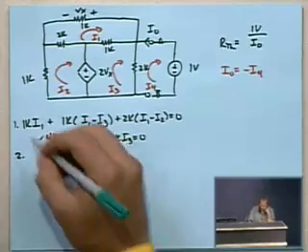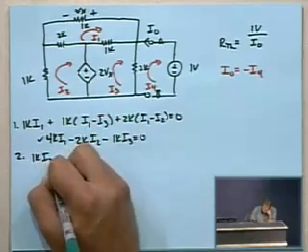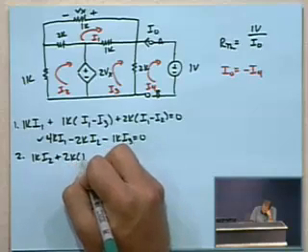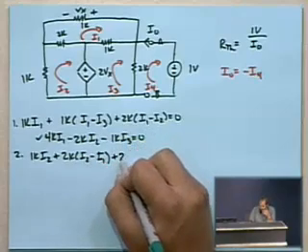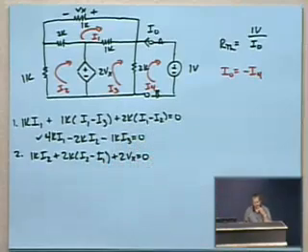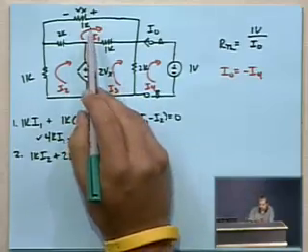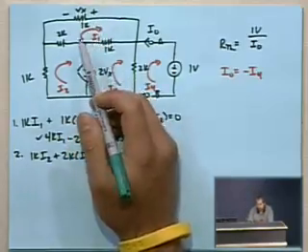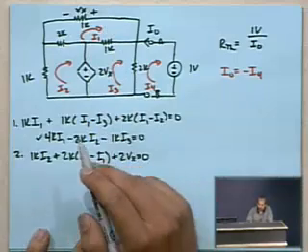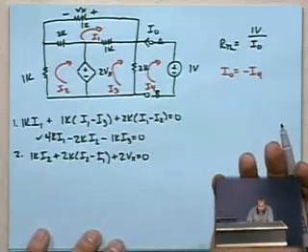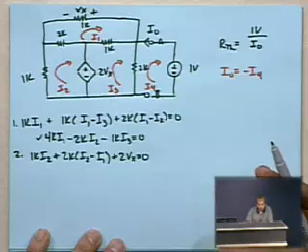On the second loop, we've got 1K times I2, we've got 2K times (I2 minus I1), and then plus 2Vx equals 0. Now is as good a time as any to write the controlling equation for Vx. The voltage across the 1K resistor is I1 times 1K, but the polarity is defined opposite to the direction we wanted.